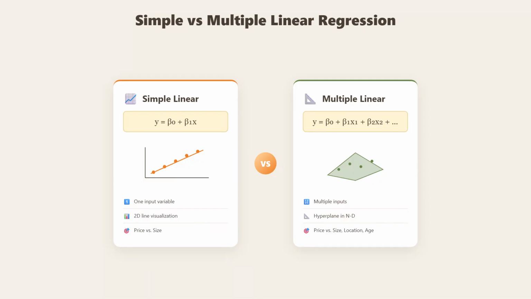Instead of fitting a line, you're now fitting a hyperplane in multidimensional space. While we can't easily visualize dimensions beyond 3, the mathematical concept remains the same. Each coefficient tells you the effect of that particular feature on the prediction, holding all other features constant. This ability to handle multiple inputs is why linear regression remains a workhorse in real-world applications.